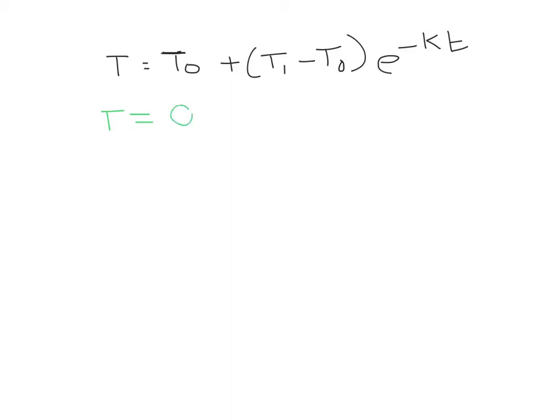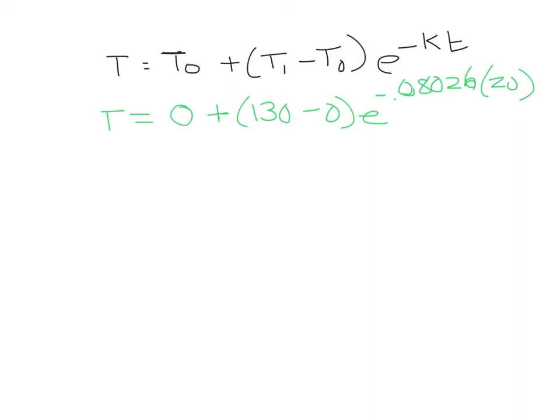We know that the freezer was 0 degrees and that the coffee started at 130 degrees. We just found our k value in the last problem, which ended up being 0.08026. And we've left the coffee in the freezer for 20 minutes.